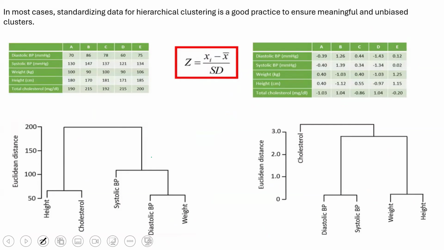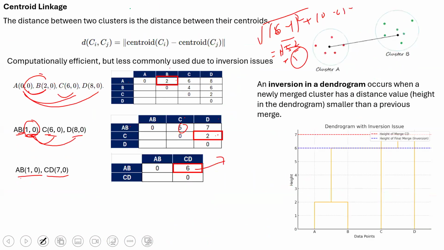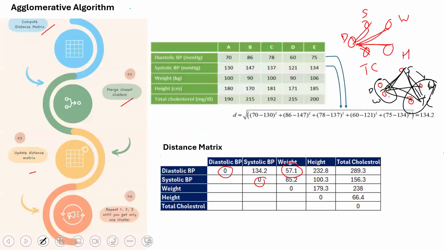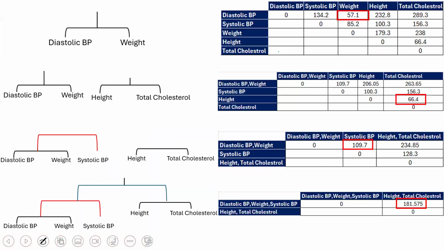Okay, so this is all about hierarchical clustering. In most cases, standardizing the data for hierarchical clustering is a good practice. We haven't standardized the data initially. When you calculated this example, you used the data directly. You haven't standardized these variables, right? It is always good practice to standardize the variables.